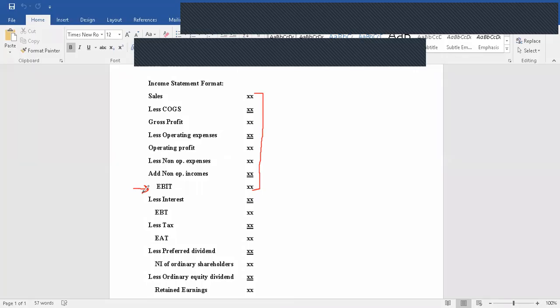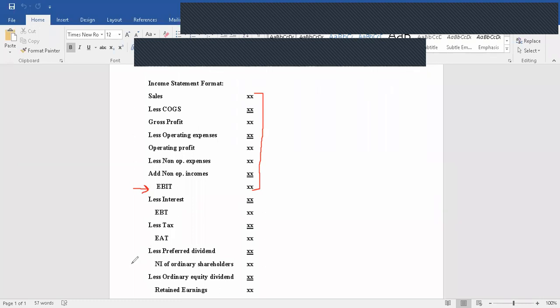Some of them are owners, that is shareholders. Some of them are outsiders like debt holders. There are different categories of debts. Out of that, the first preference is given to the outsiders, so interest is paid to them. Then the balance of it is called EBT, earnings before tax, liability settled.